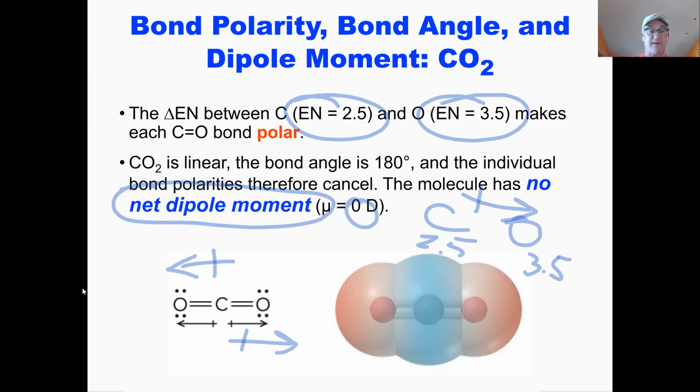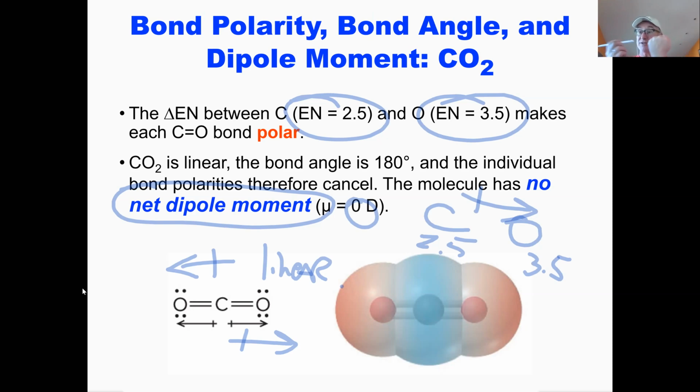And you can see here that the directions are completely opposite. This is a completely linear molecule, meaning that these dipoles are exactly pointing in opposite directions. That is symmetric. If they're pointing in the same direction, we would add them up.